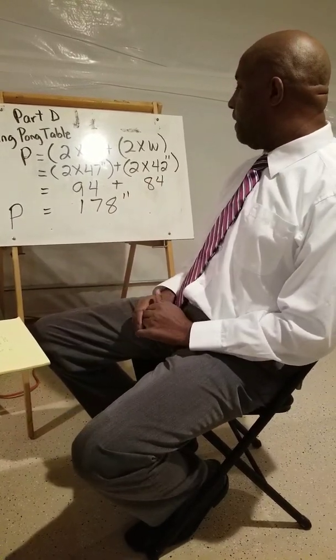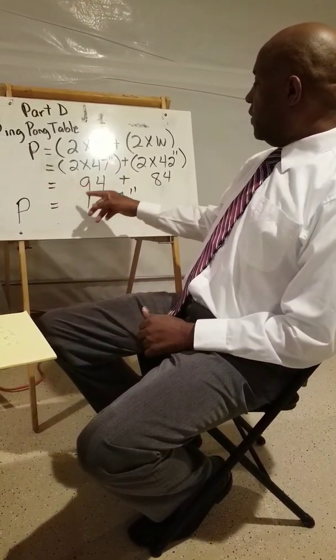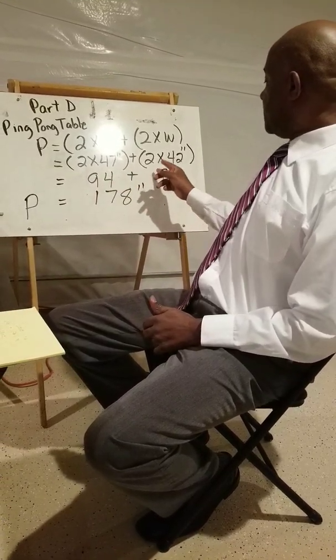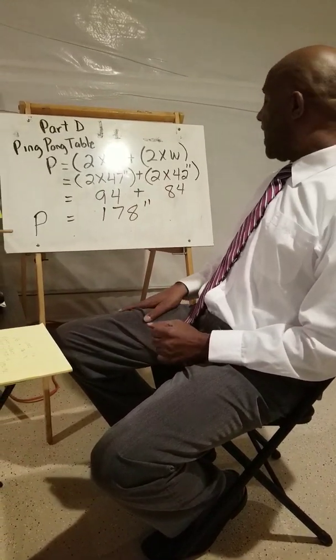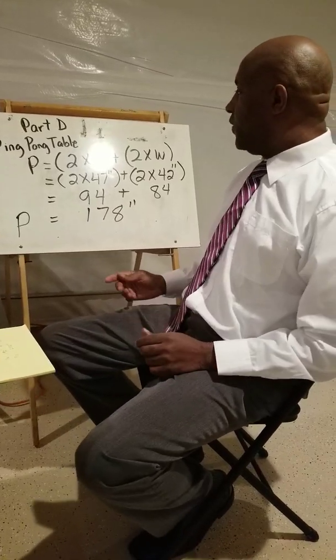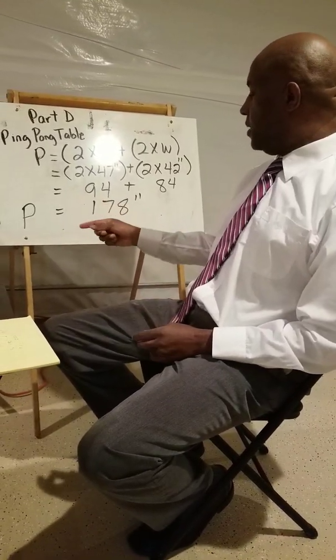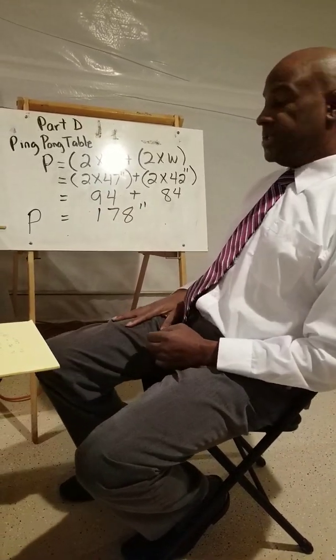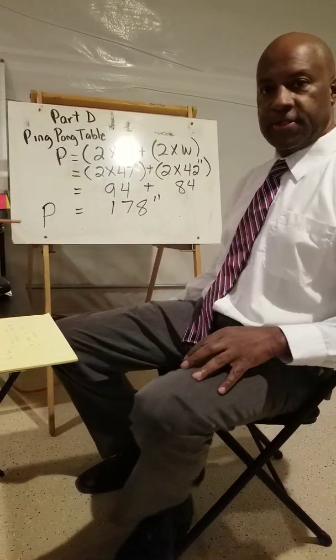P will equal 94 inches plus 84 inches. So for the ping pong table, the perimeter all the way around is 178 inches.